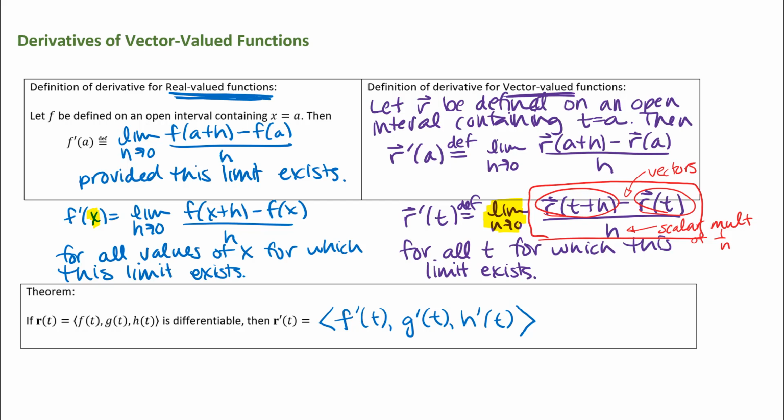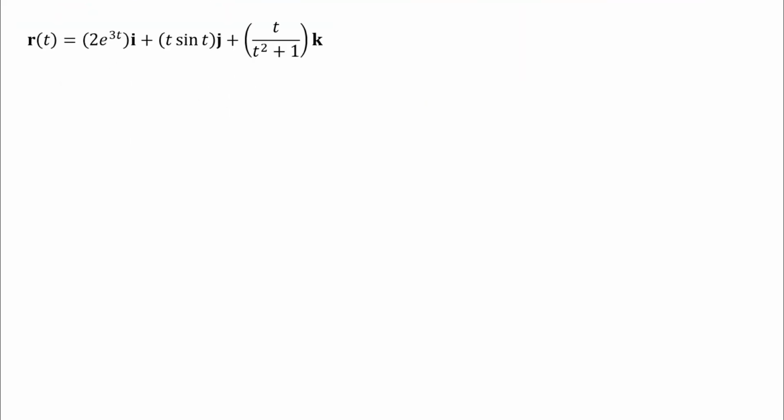All right, we're going to look at a quick example here. So here I have a vector-valued function, and what we want to find here is r prime of t. That theorem says that we're going to find r prime of t by just differentiating component by component, and then it's important to remember that your result is also going to be a vector. I'm going to use the bracket and comma notation for my answer here, but feel free to use the i, j, k notation as well.